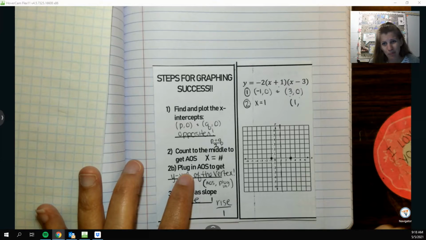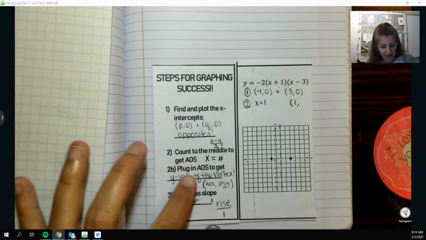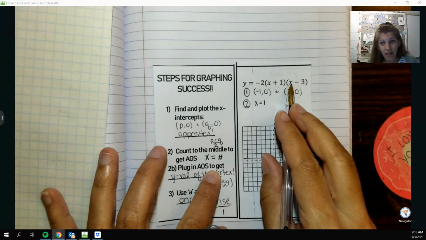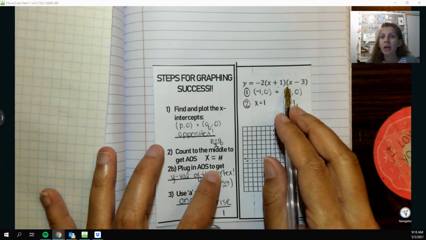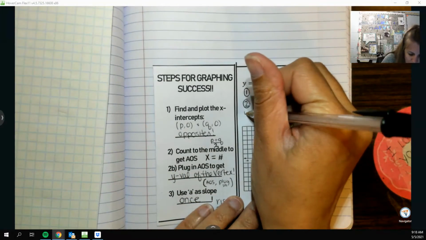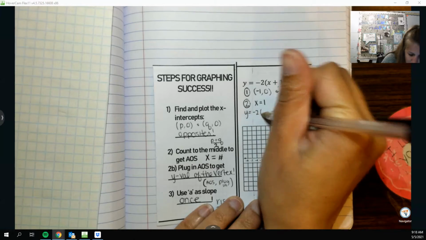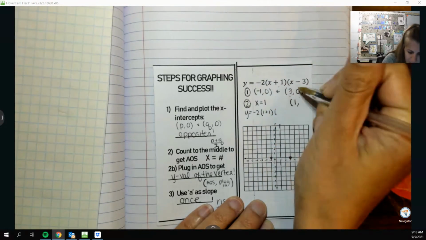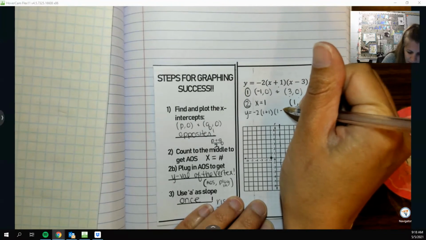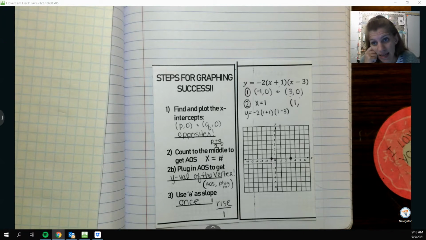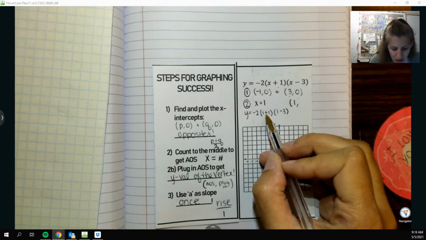But now, like part 2b, I have to plug that number in for x to get the y value. So just like we did for standard form, we have to plug it in to figure out what y is. So we got that -2 out front, and then in place of x, I'll put 1 plus 1, and then 1 minus 3. Now the way that I evaluate this is a little different. I need to do what's in the parentheses first.